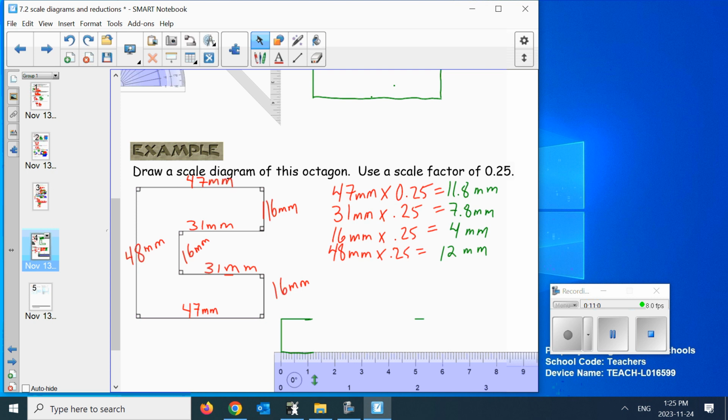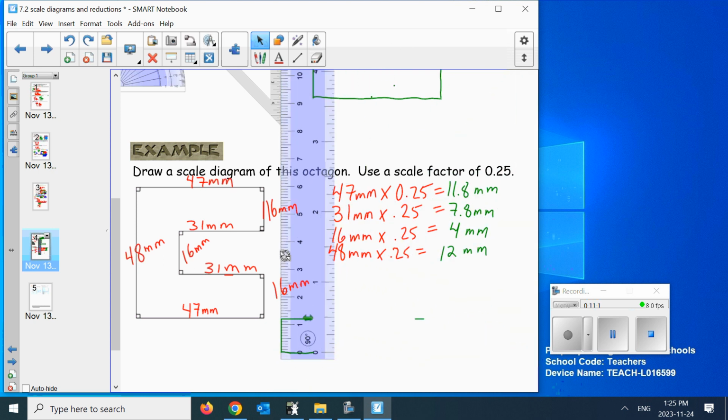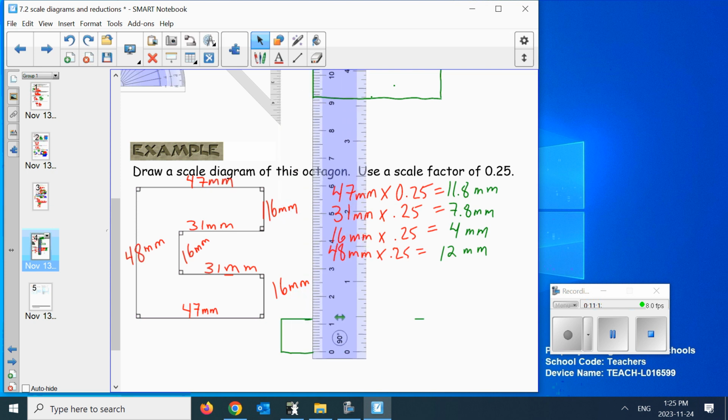Then twirl. And I'm going to do my 4 and 4. Then I'm going to do my innards.